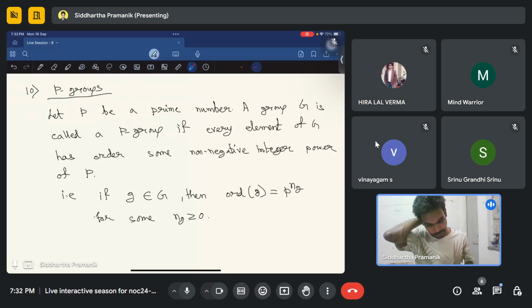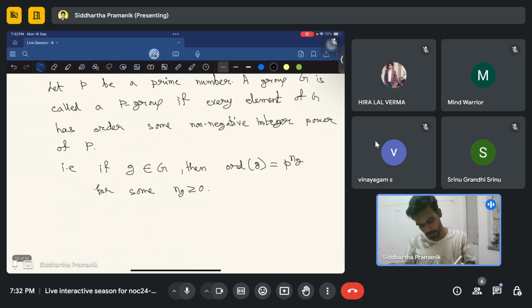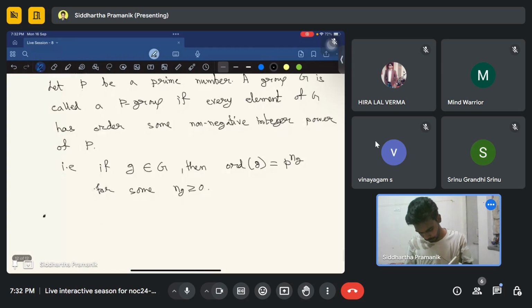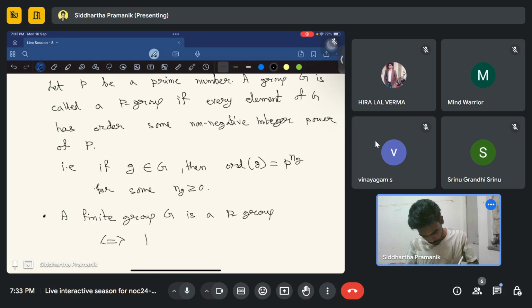So it can be an infinite group in which every element has order a power of p. But a finite p group has a special form. A finite group G is a p group if and only if order of G is p power n for some n greater than or equal to 0.